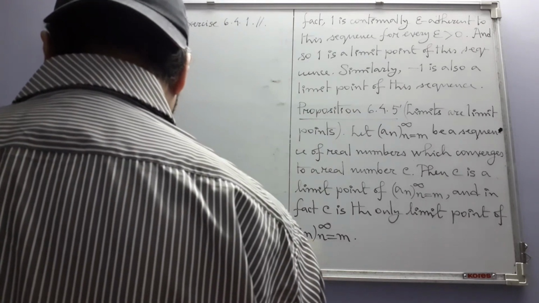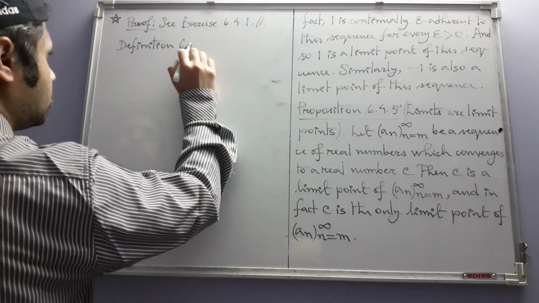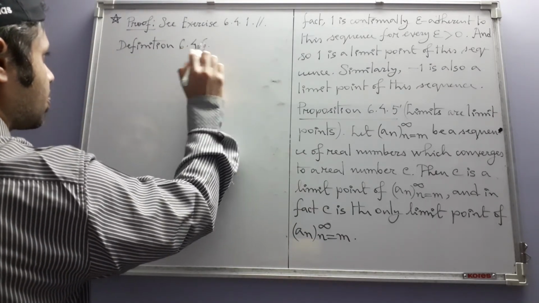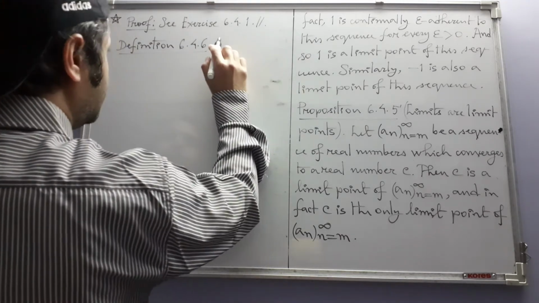Okay, so this is Definition 6: limit superior and limit inferior.